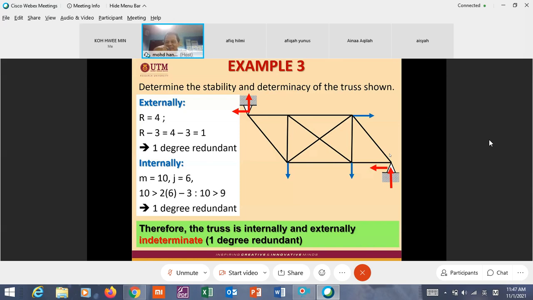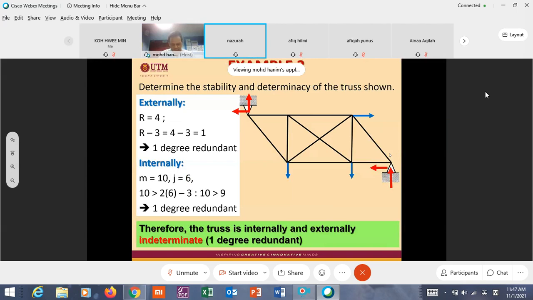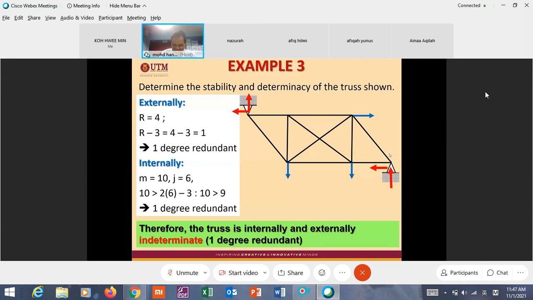Nazura, what's your first name? Nur Amirah. Nur Amirah Nazura. You can change your name to Nur Amirah, right? Maybe next time it's easier. Nur Alia. Okay.